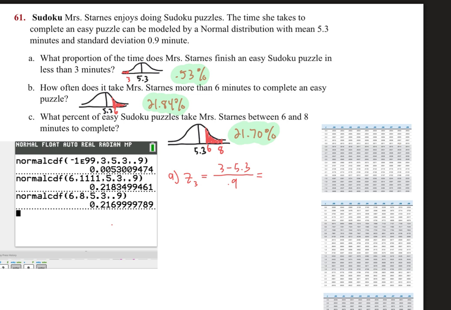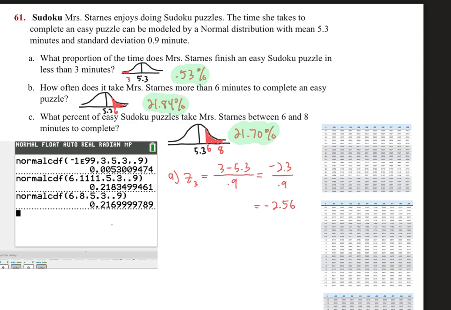So that's negative 2.3 over 0.9. Okay, this will be negative 2.56. Now I think this is the first z-score that we had to round, so that means we're not going to get the same as we got when we did it with the calculator.